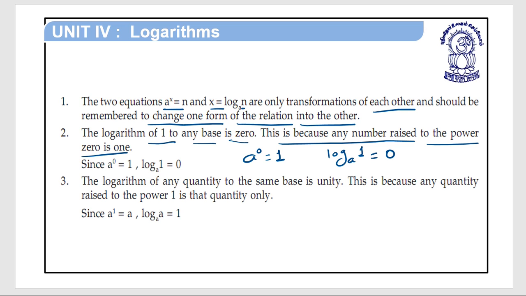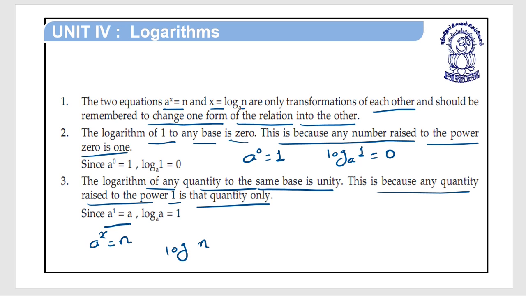The logarithm of any quantity to the same base is unity. This is because any quantity raised to the power 1 is that quantity only. So here a raised to 1 is equal to a, compared with a raised to x is equal to n.